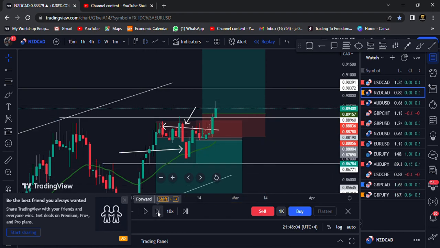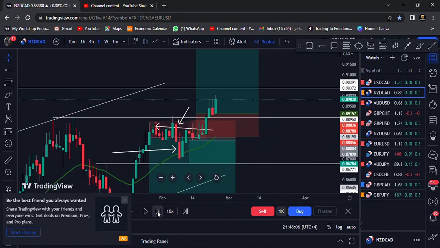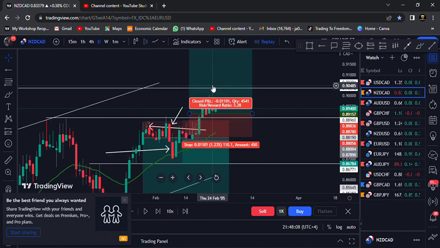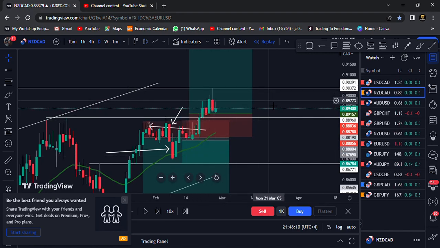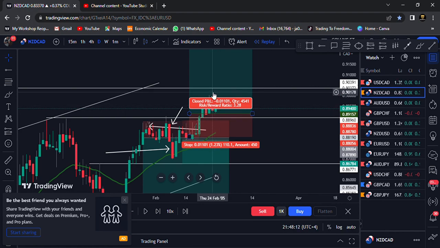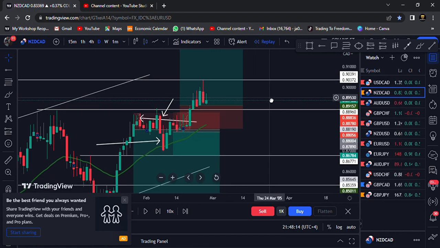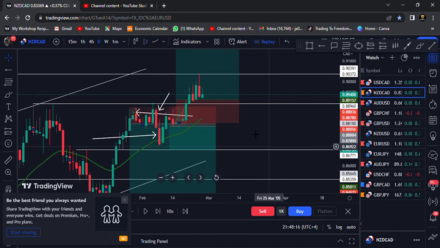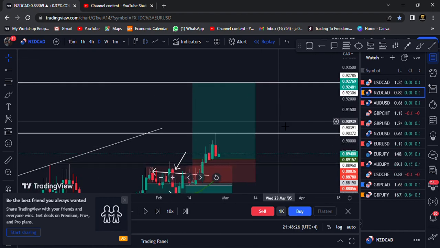It triggered already, so it hit our first TP and gave us a sell signal. We are already out. We just have to observe if we're gonna sell or re-enter to buy, because we are expecting price to reach right up here.